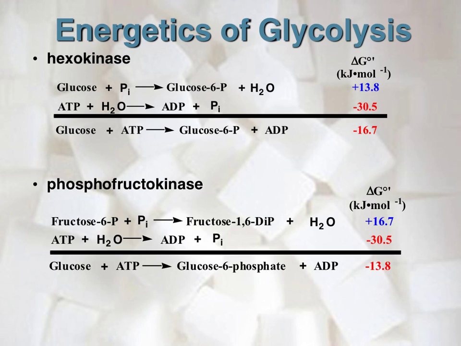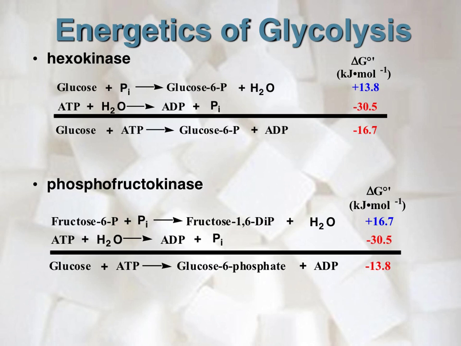Oh, this is just a figure to show you how, overall, and don't memorize the numbers, but that we've already seen this kind of stuff before. Just for example, on PFK1, normally just to add an inorganic phosphate to make fructose 1,6-bisphosphate, it would take almost 17 kilojoules of energy. That's because that inorganic phosphate's already happy.